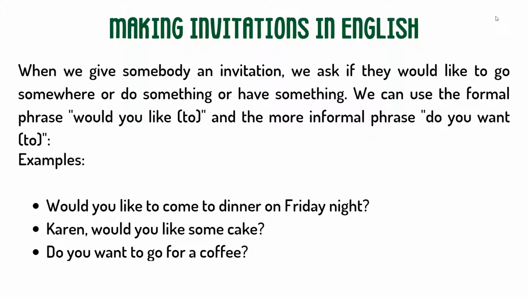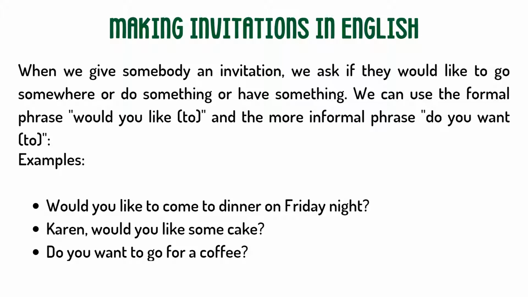Excellent. So, whenever you want to invite someone to do something, to go somewhere, that's the way that we politely ask invitations. We use the form would you like to. After the preposition to, we add the verb in the base form. For example, would you like to have dinner with me?